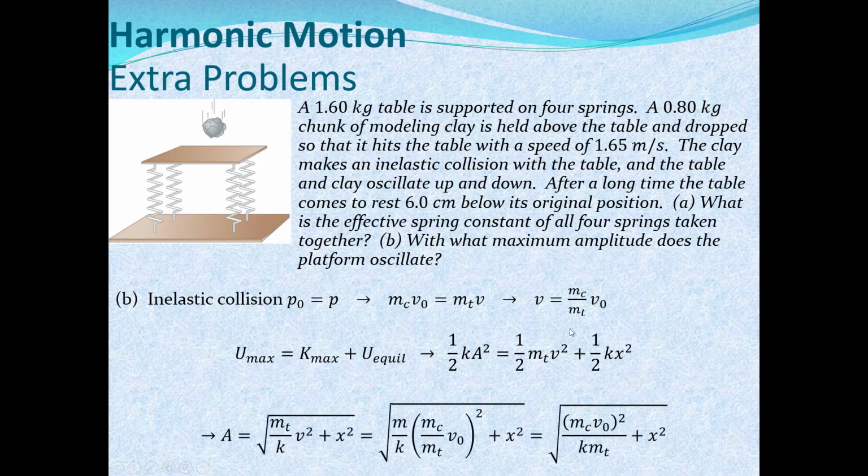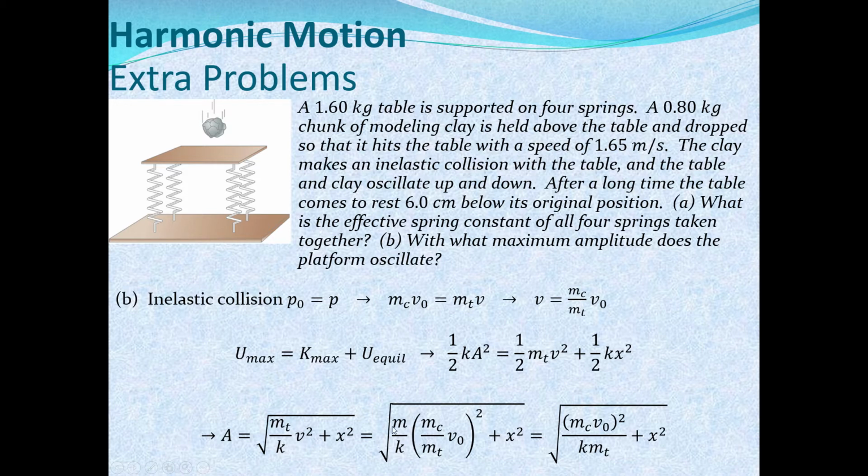Now we move things around and solve for the amplitude and we get this equation. Now I need to know what the speed is of the table clay system. So I'm going to take the equation I got from the momentum part and plug it in for V over here.